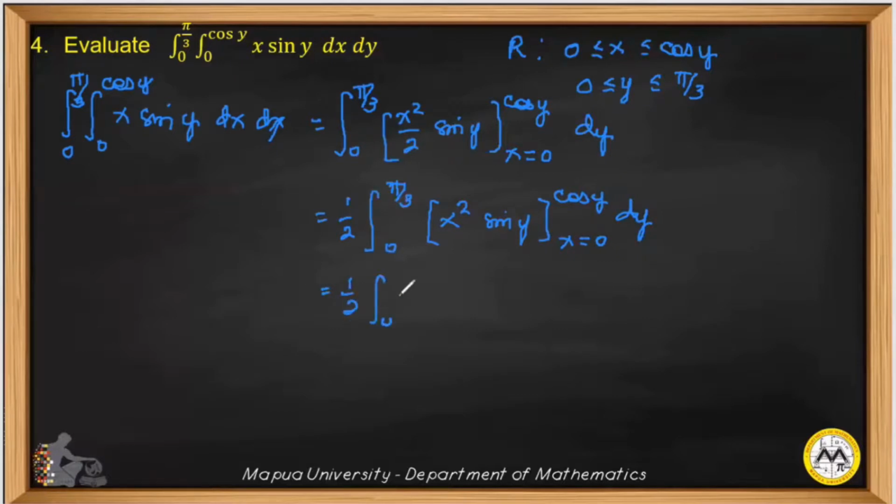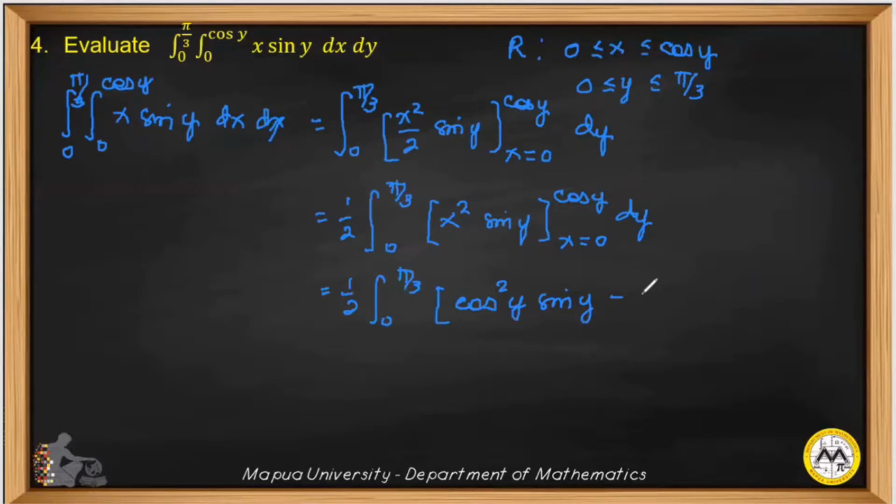1/2 integral from 0 to pi over 3 of cosine of y raised to the second power is cosine square of y, times sine of y minus the value of the integral when x is 0.